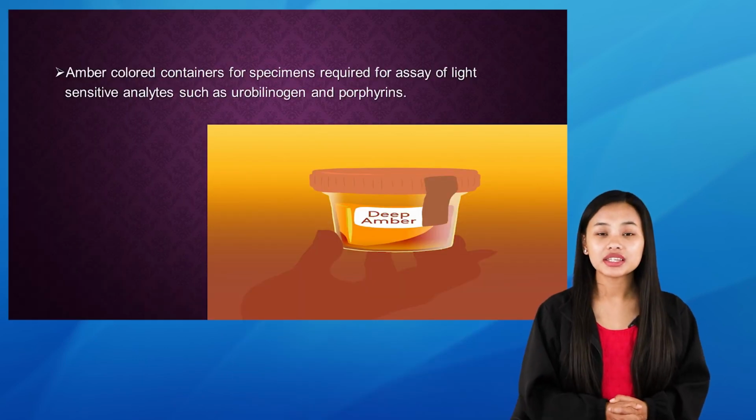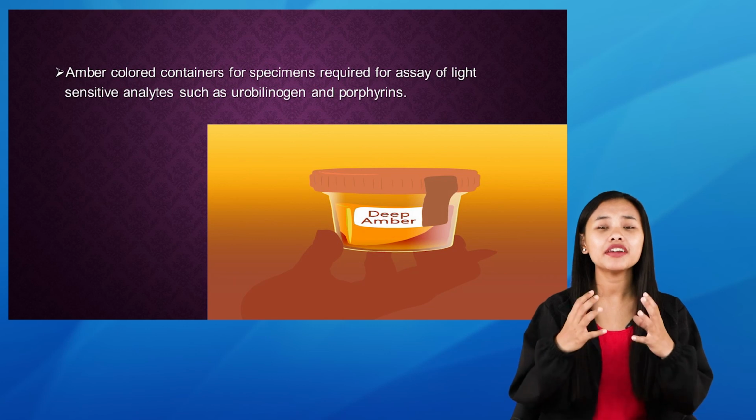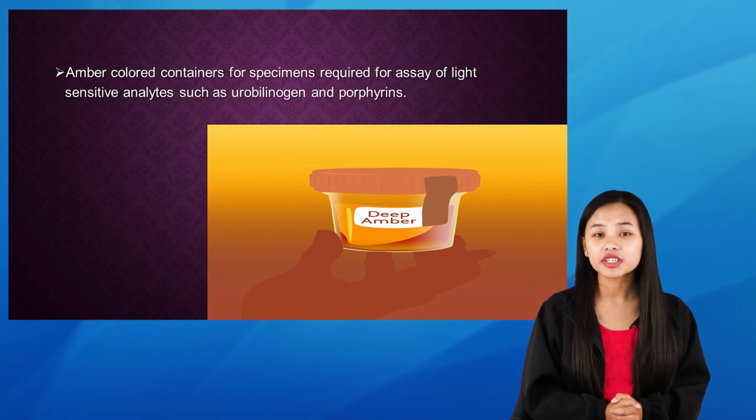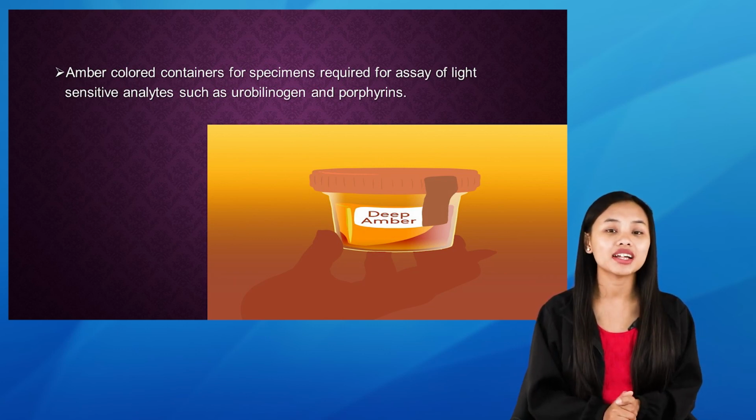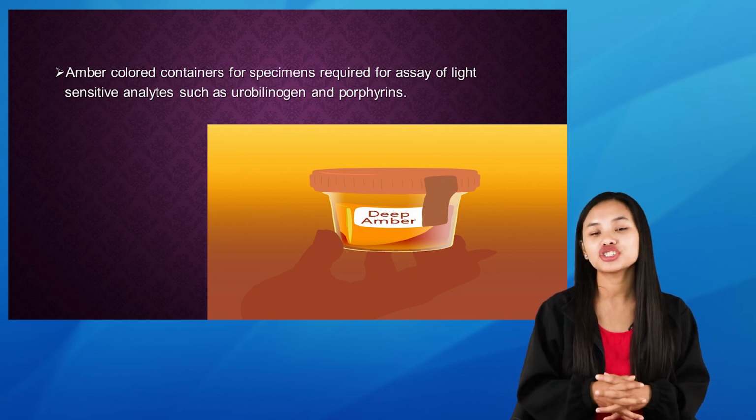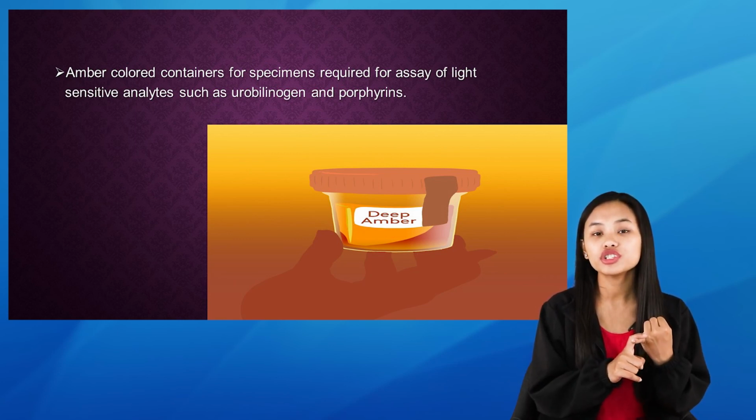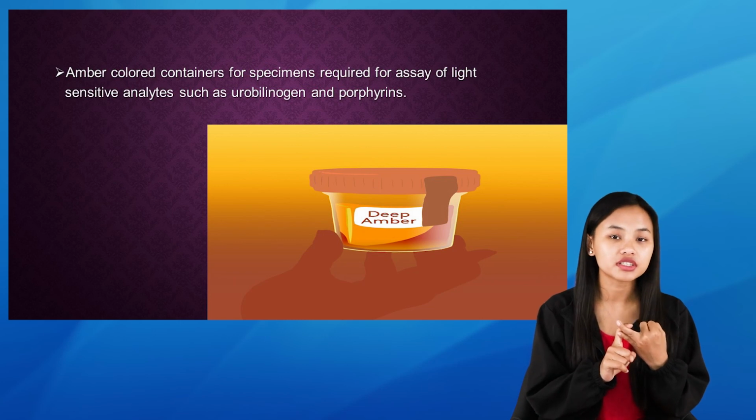An amber color container can also be provided if the specimen is required for the assay of light-sensitive analytes such as urobilinogen as well as porphyrins. These are a few of the things that you must keep in mind before you provide the specimen container to the patient, because depending on the type of specimen they need to collect, the container which we provide will be different.